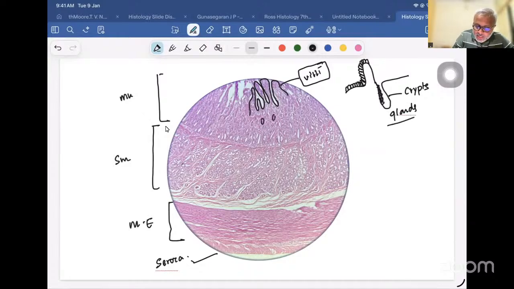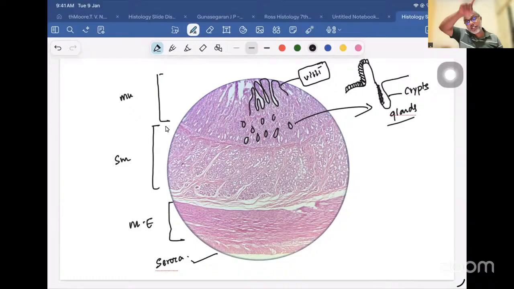So all these sections that we see here, all these round sections that you see, all these are intestinal glands. So this is the first thing I want you to understand. What is the difference between villi and intestinal crypts or glands? Villi, remember, emerge from the surface. So in simple terms, villi are like mountains.